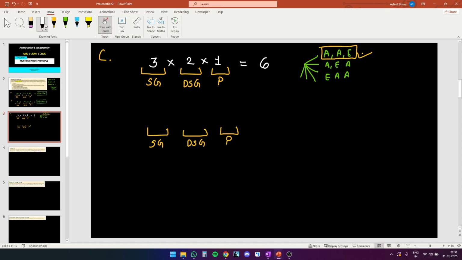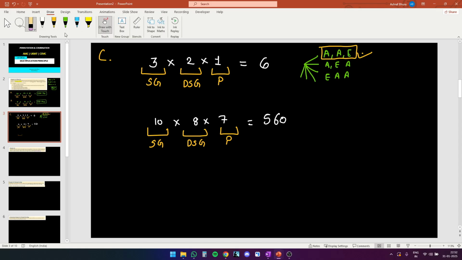In that case, I will have 10 choices times 8 choices times 7 choices, and irrespective of whichever selection we take, it is always going to be 10 times 8 times 7. So this becomes 560. So first we'll have to select the continent and then we'll have to select the people.